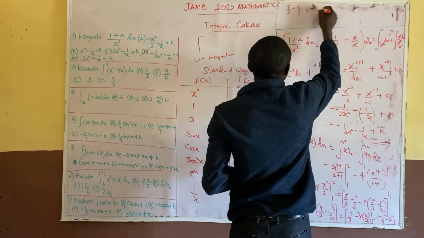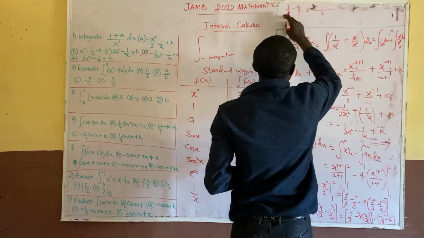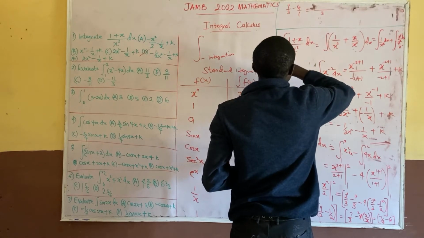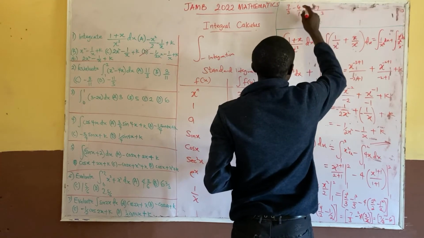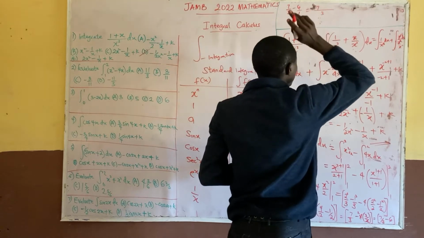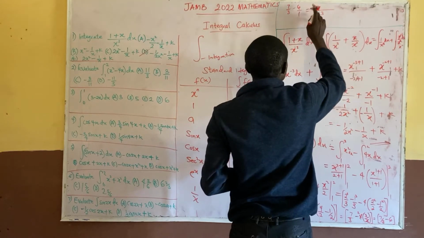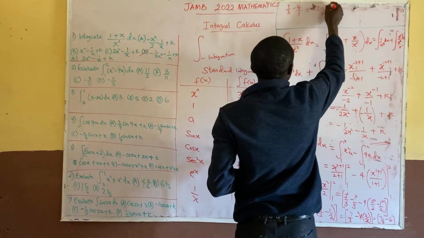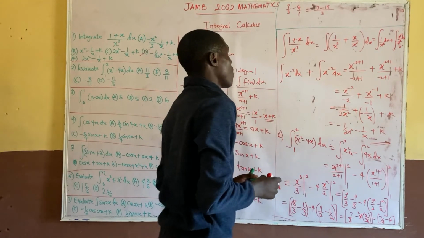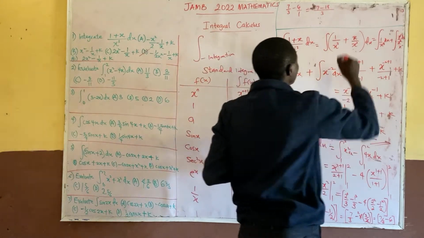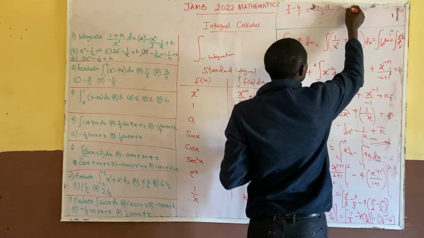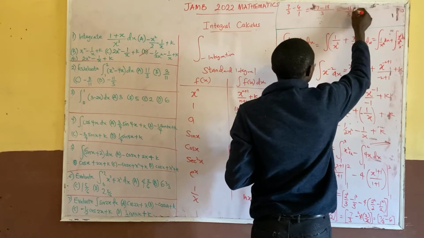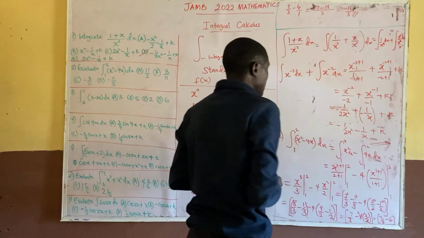The LCM here is 3. How many 1 can we say in 3? That is 3, and 3 times 6 gives you 18. 1 times 7 is 7. So 7 minus 18 will give minus 11 all over 3. So your final answer is minus 11 over 3.